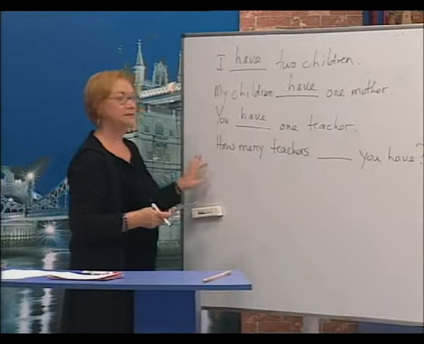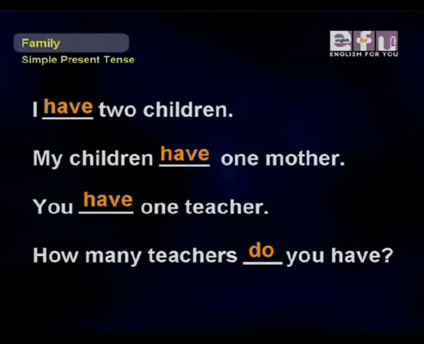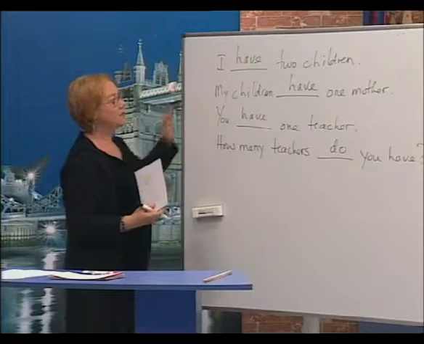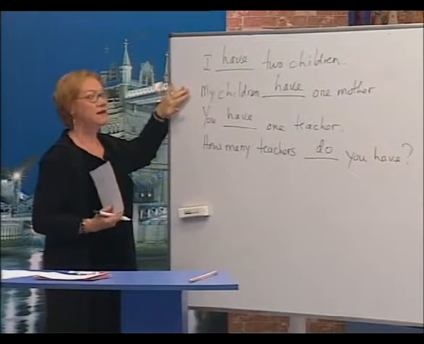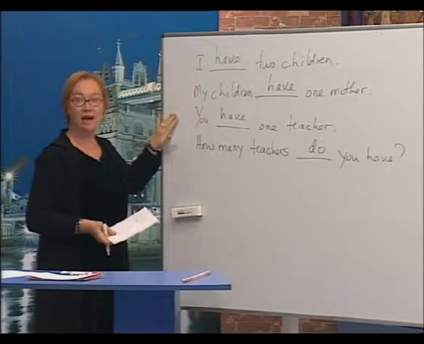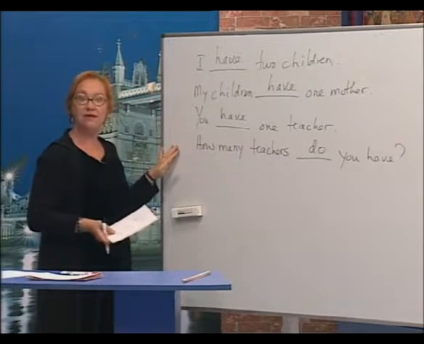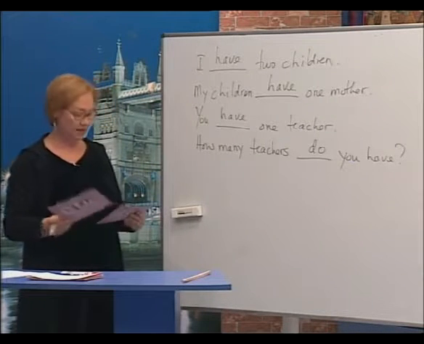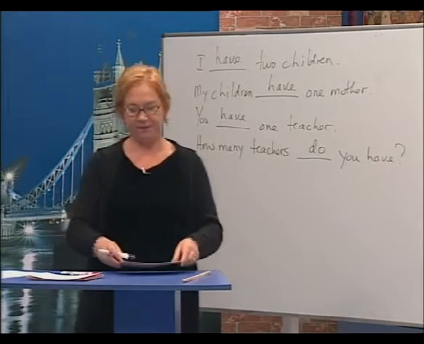And Lisa. How many teachers do you have? Yes, good. So again, I have 2 children. My children have 1 mother. You have 1 teacher. How many teachers do you have? Okay? Now, good job.